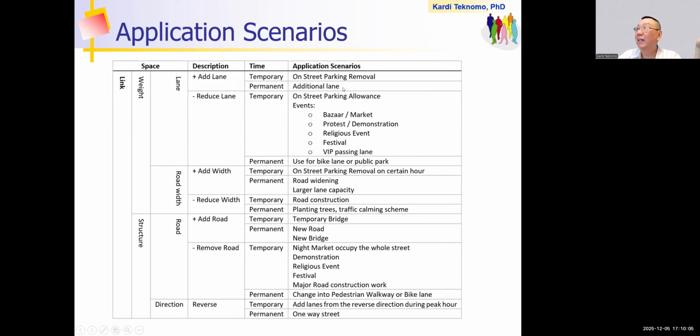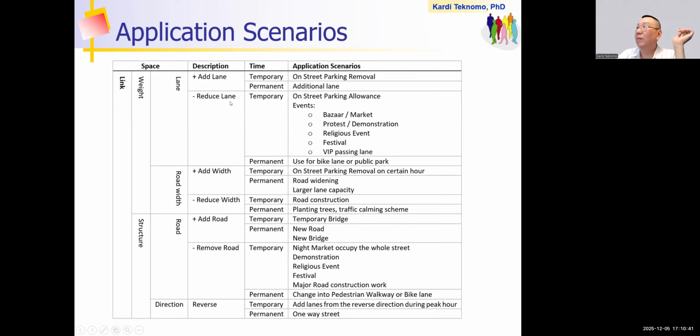These are the use cases, application scenarios. If you want to add a lane temporarily, that means you remove, for example, on-street parking. Or if you want to add a lane permanently, then you provide an additional lane. That additional lane is usually about 3 meters to 3.5 meters, 4 meters.